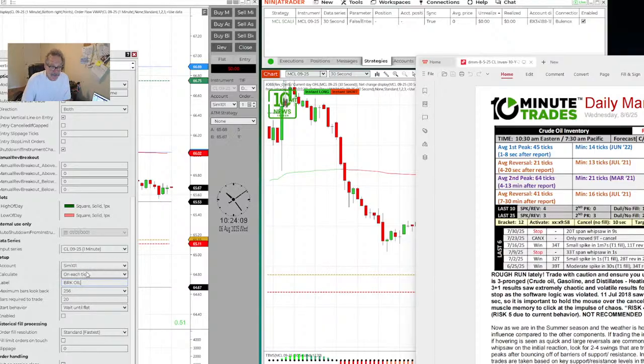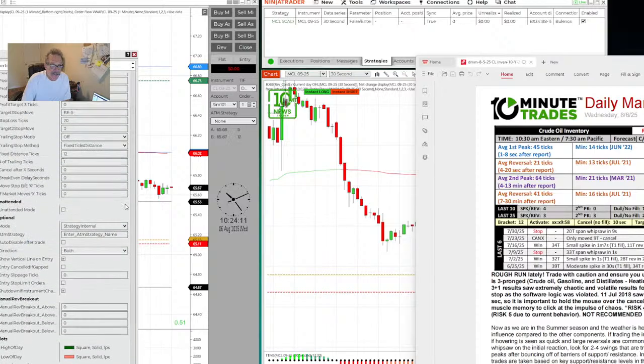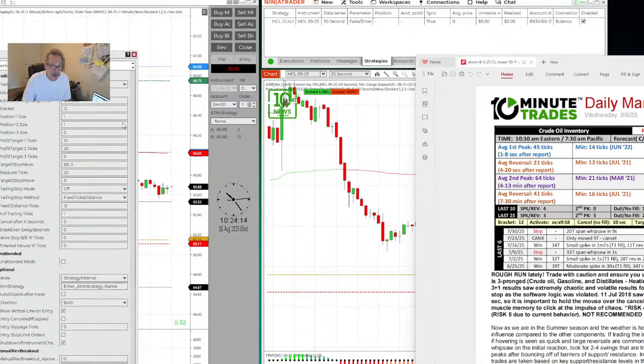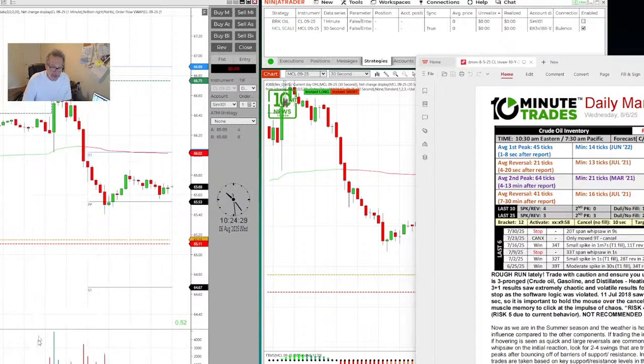I'm going to leave it for a moment in sim to test the bracket width. And if it hits my first target, I'll move my stop to break even minus 5. All right. So I'm going to just put the time on 0 for a moment. Apply it and OK it.